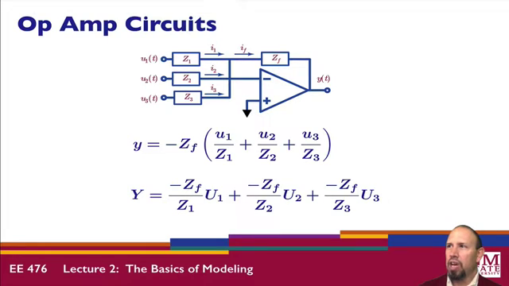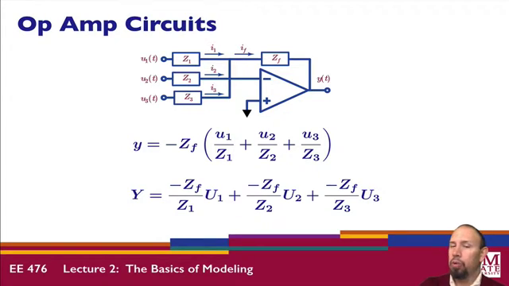We could take the Laplace transform and we can see that Y then is a function of the three inputs. Okay, and so notice ZF appears in each of these three expressions, and the individual Z inputs appear in the denominator. So what is Z? Well, Z is an impedance. Z can be an R, an L, a C, or a combination thereof.